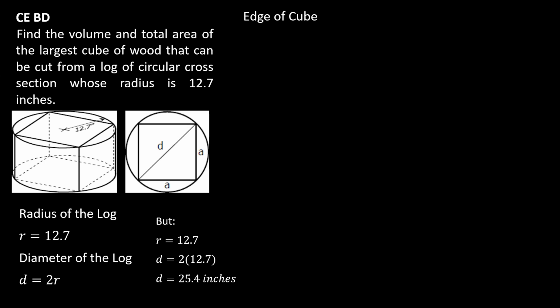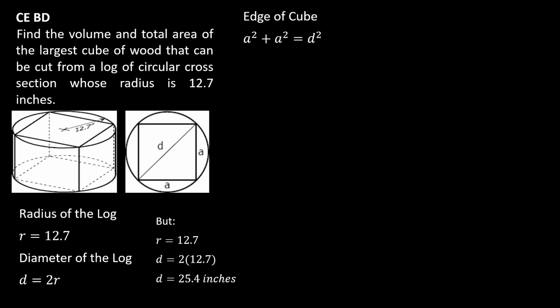We can then proceed to the edge of the cube calculation by considering the right isosceles triangle I mentioned a while ago. By using the Pythagorean theorem, since we have a right triangle, we have the equation a squared plus a squared is equal to d squared.